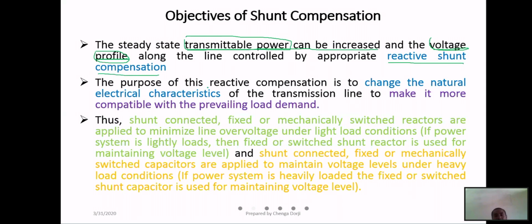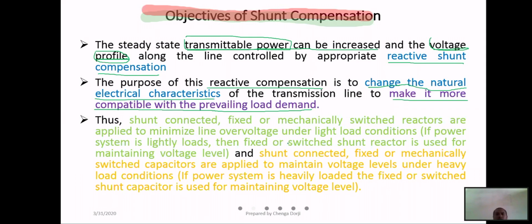The main purpose of this reactive compensation is to change the natural electrical characteristics, the normal characteristics of the electrical parameters, to make them compatible. Suppose you want to transmit 5 megawatt. Now suppose the demand has increased to 10 megawatt somewhere else, then you can use shunt compensation to increase this to meet the prevailing load demand.